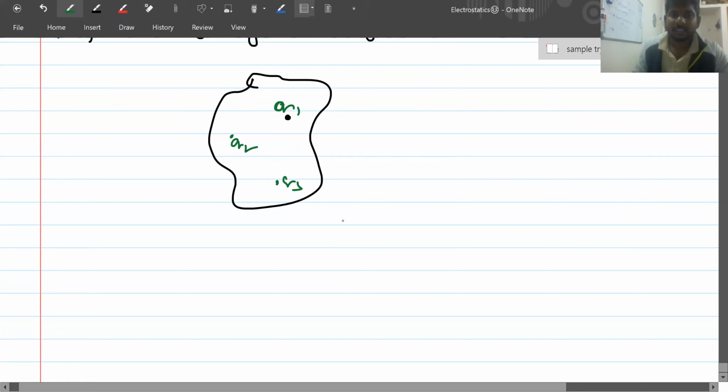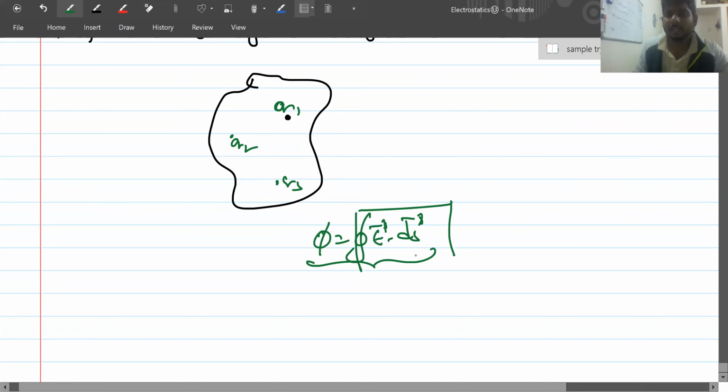Then the electric flux phi is equal to integral E dot ds. Here we will not integrate this part, but the flux will be equal to Q enclosed. What is the enclosed charge here? Q1 plus Q2 plus Q3 divided by epsilon naught.